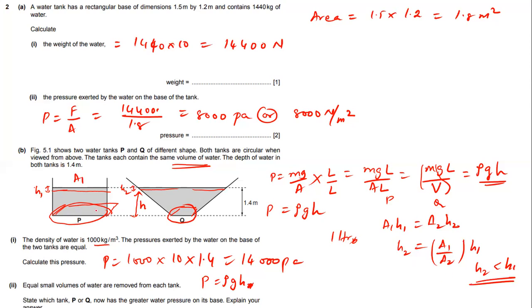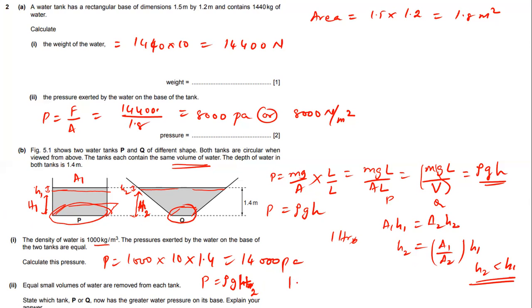Now H2 becomes lesser than H1. That means this capital H, let me call this capital H2 here, and let me call this capital H1 here. Can you relate capital H1 and capital H2?